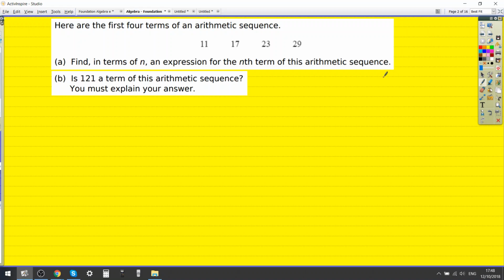Okay, let's try this one. Here are the first 4 terms of an arithmetic sequence. Find an expression in terms of n for the nth term. Right. 6n plus 5. Okay.